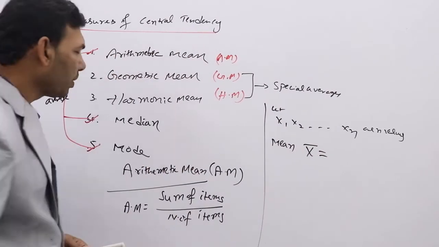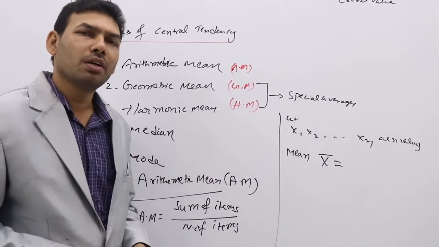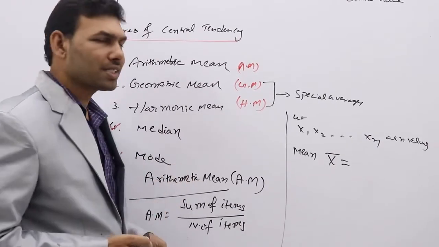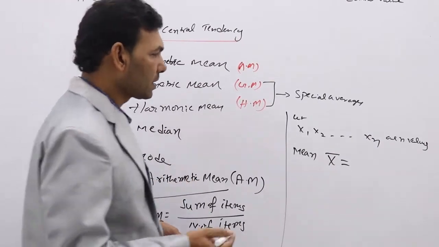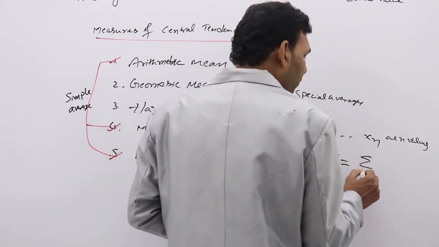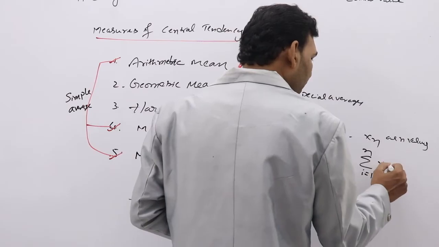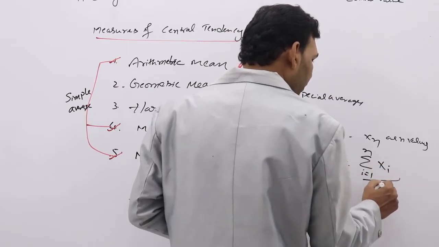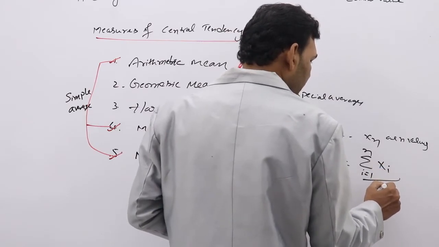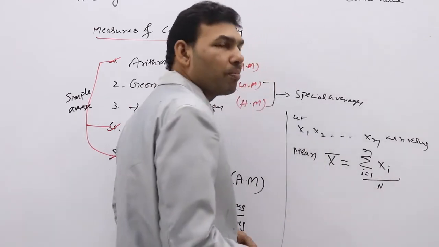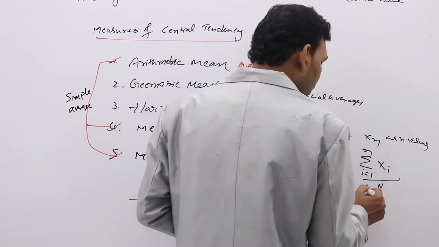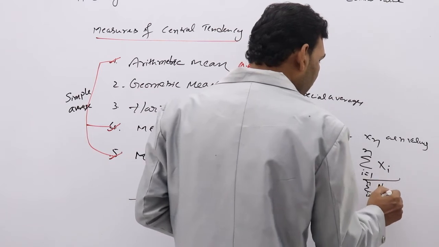Mean is sigma i equals 1 to n xi by n, where n is the number of items.